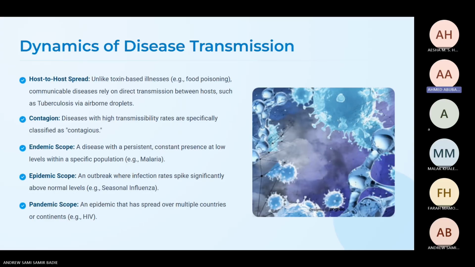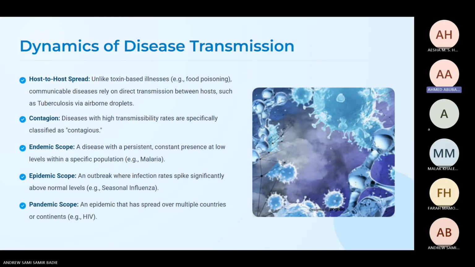A very good example of it is seasonal flu every winter. And a pandemic is when the spike of cases goes global, over the world and across continents. A very good example of it is COVID-19 and also HIV.